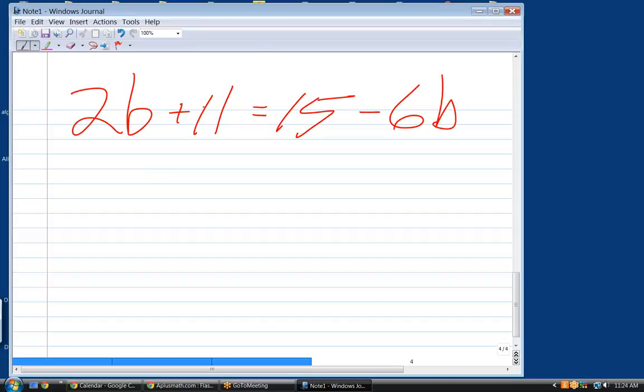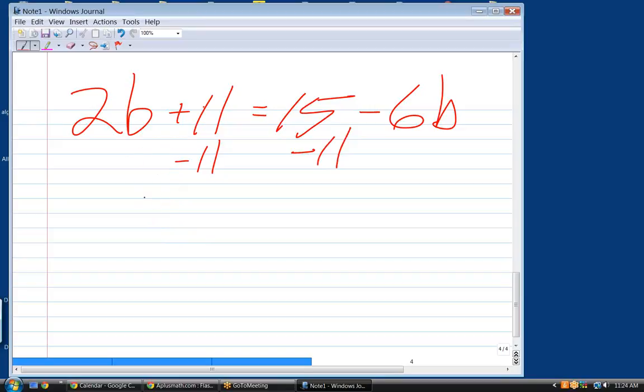The first step is to minus 11. All right. So what's the next line? Minus 11. Well, we're going to do this. And then what's that give us for a next line?